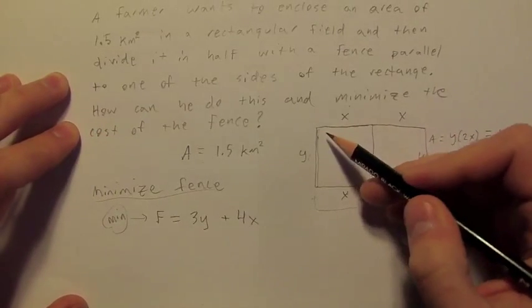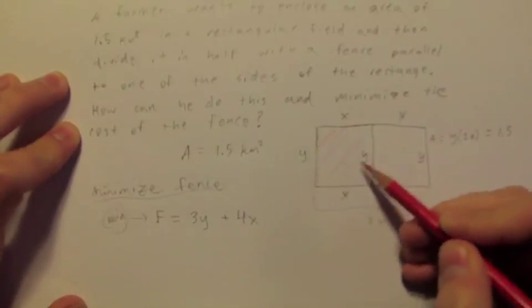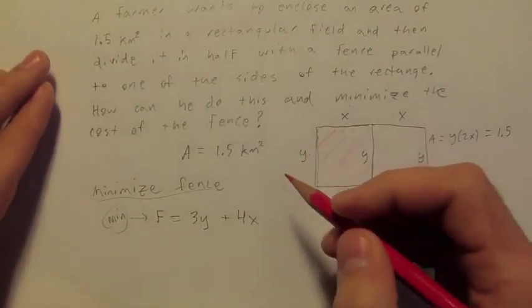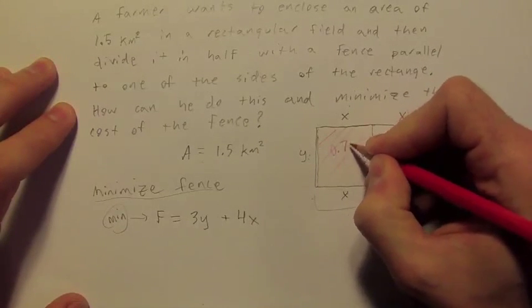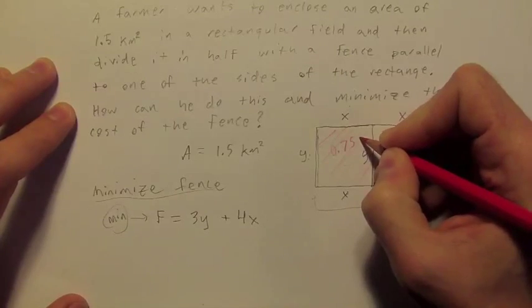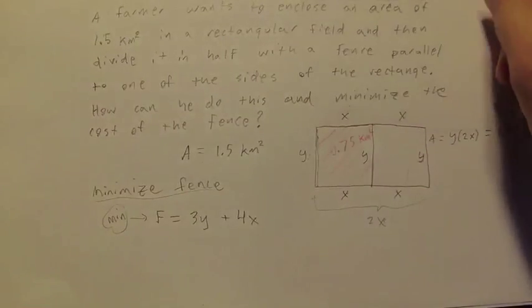Or you could take the area of just a half region, because we're splitting it in half. And if we split 1.5 in half, this region must be 0.75 square kilometers. So this is a y by x.